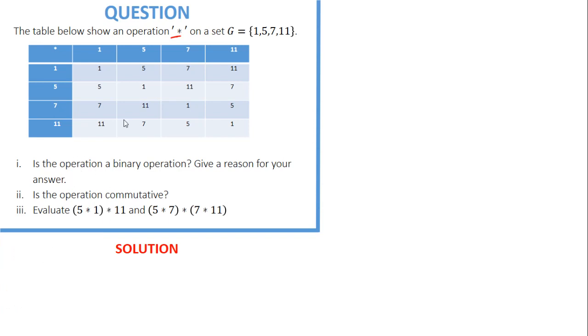Before we answer this question, we need to check the answers which we are having when we do the operation on this column and that row. If we do the operation 1 star 1, it's giving us 1. 1 star 5, it's giving us 5. 1 star 7, it's giving us 7. 1 star 11, it's giving us 11.